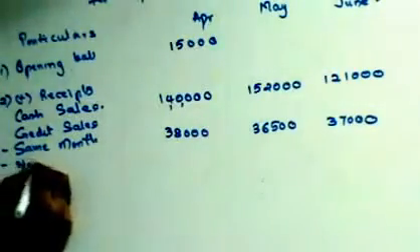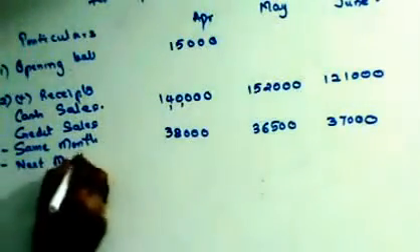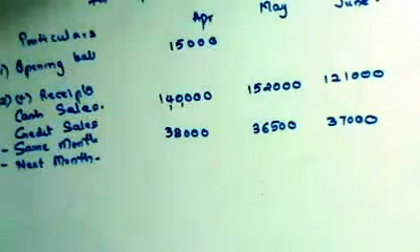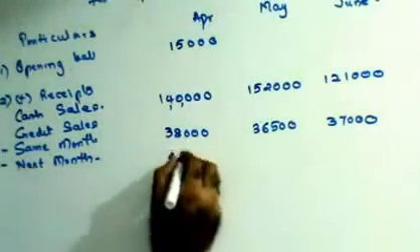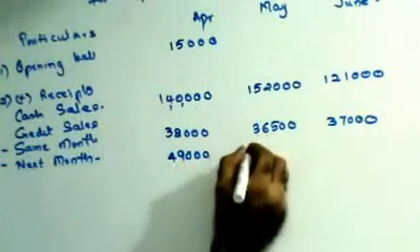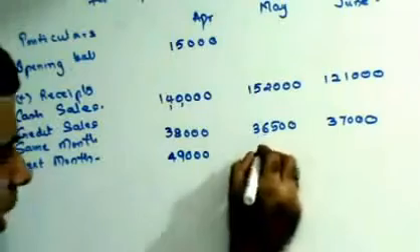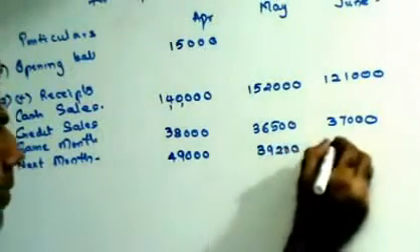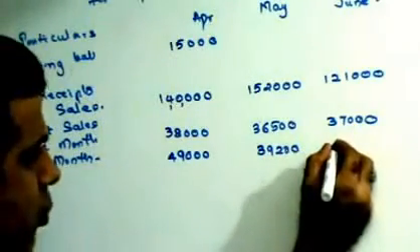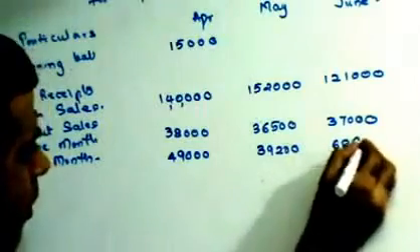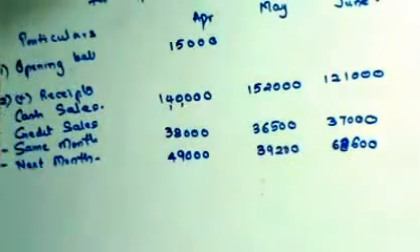Next month: the payment that I was supposed to receive in March, I'm going to get in April. April's payment I'm going to get in May, and May's payment I'm going to get in June. Right?